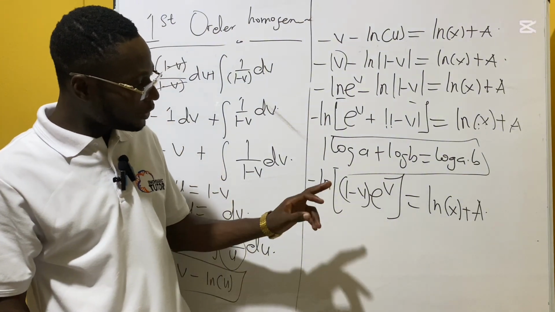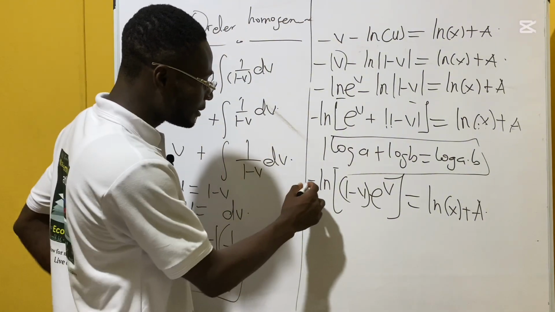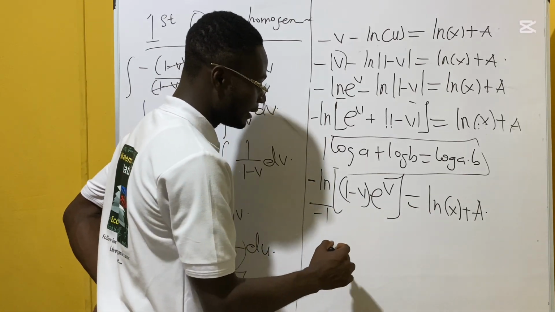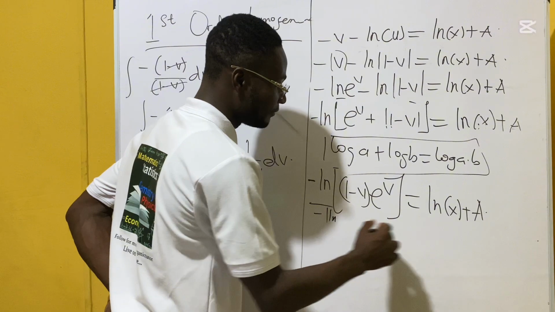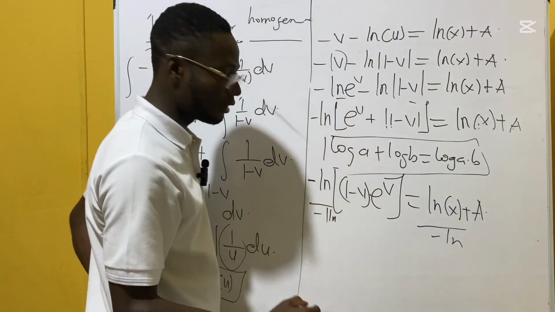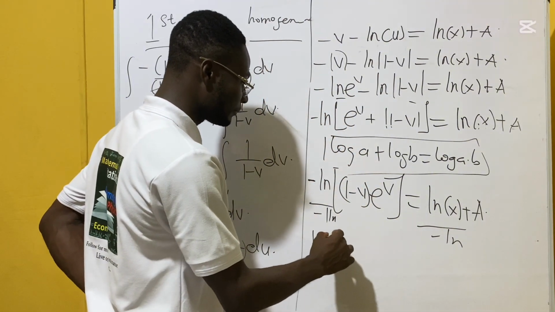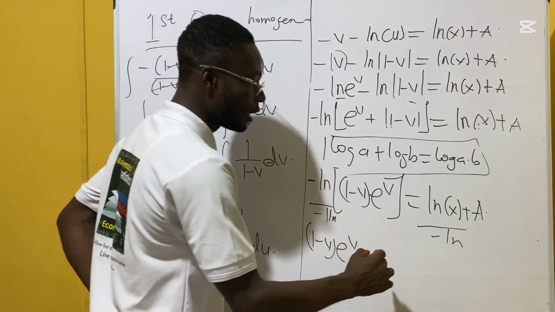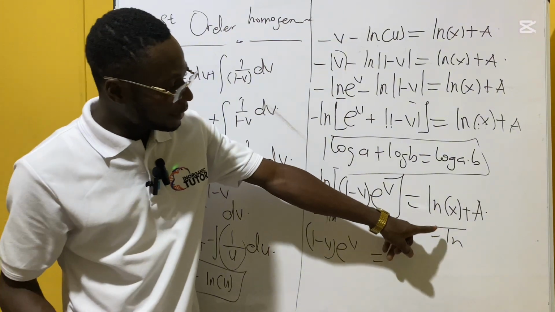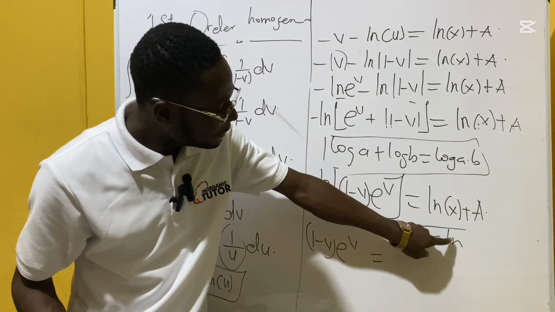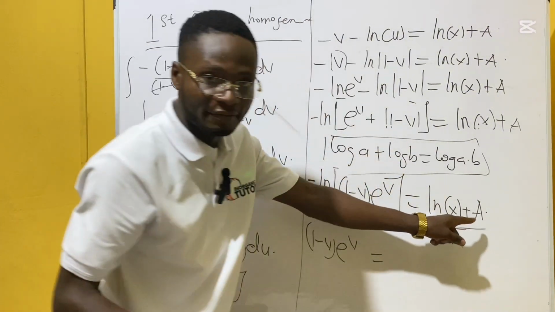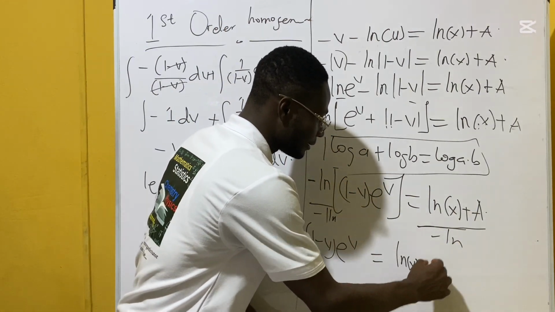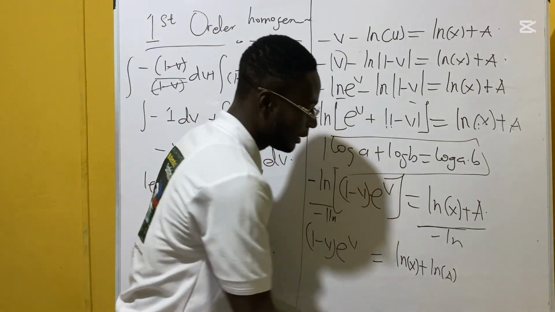So let's bring this negative to this section. We divide here by negative ln, negative ln over negative ln. So we have 1 minus v e power v. That should be equal to, when we do that here, this is dividing everything, ln x plus ln a.